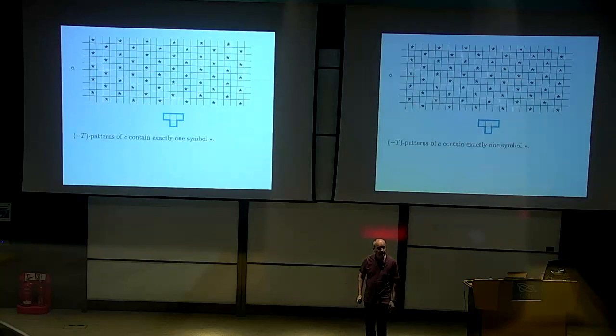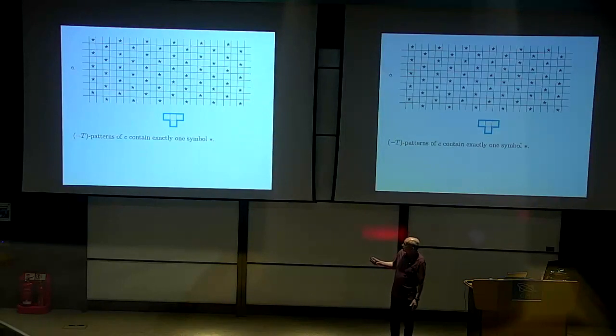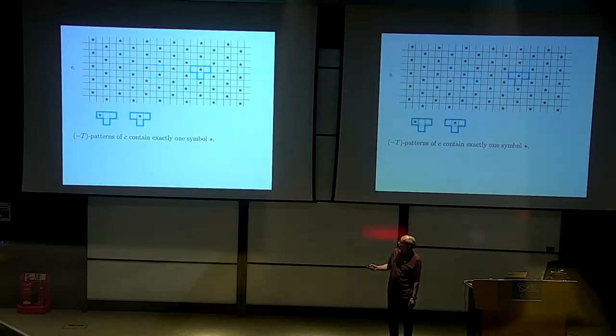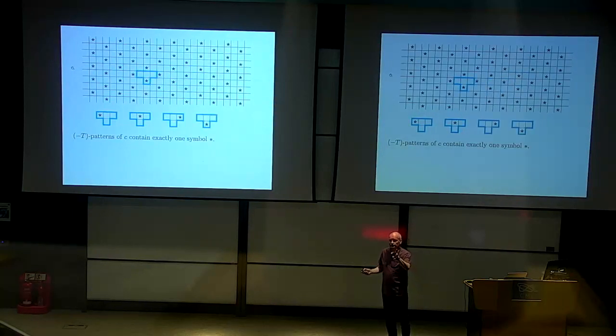Now, why is it related to low complexity configurations and low complexity SFTs? Well, it turns out that this co-tiler is automatically a low complexity configuration. You observe this configuration with the shape which is the inverted tile, minus T. And when you go around and look at what kind of patterns you see, you notice that each pattern has exactly one occurrence of star.